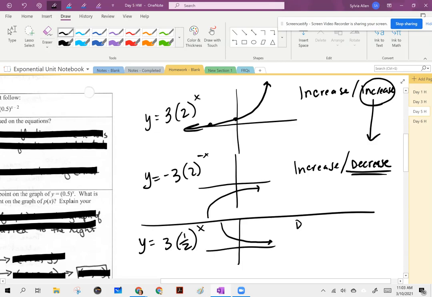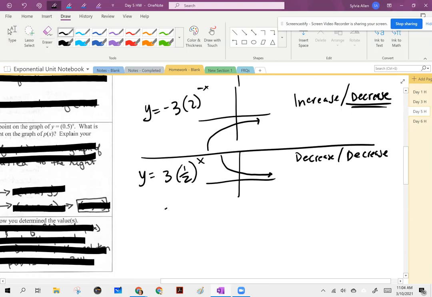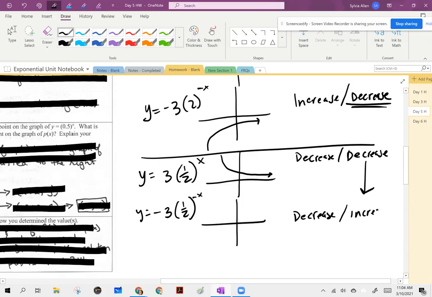So it's going to be decreasing at a slow pace. It's decrease, decrease. But if I have 2 reflections, that means it's still decreasing because it's still decay, but the rate is going to increase. So that means the function is decreasing at a really fast rate. So that's what that graph is going to look like. All right.